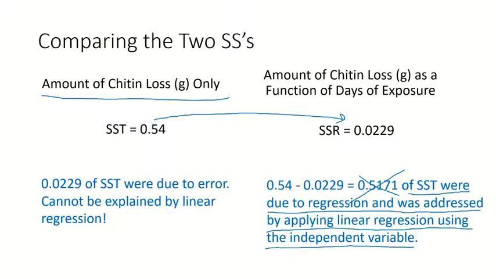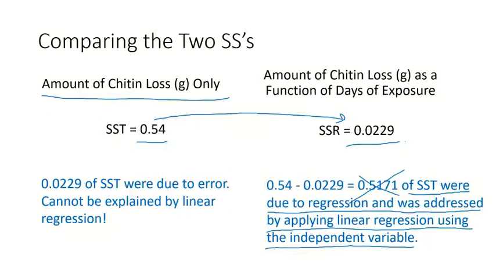So 0.0229 of our sum of squares total were due to error. So take note that it's still not a completely error-free result, because we still have a sum of squares regression of 0.0229. It might be a lot smaller than 0.54 originally, but it's still not zero.